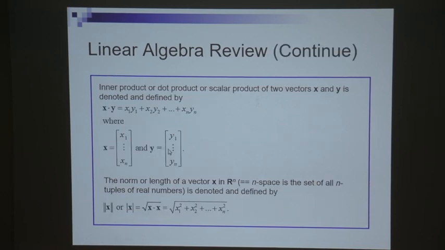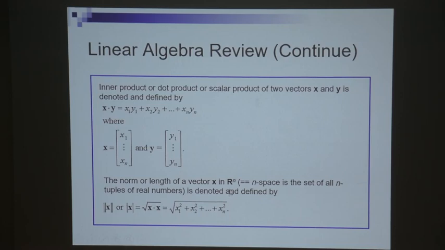You need to know what is the inner product. Another word for inner product is dot product or scalar product. When you do an inner product of two vectors, x and y, you denote it by x dot y, so you will have x1y1 plus x2y2 plus up to xmym. And then you need to know the norm.